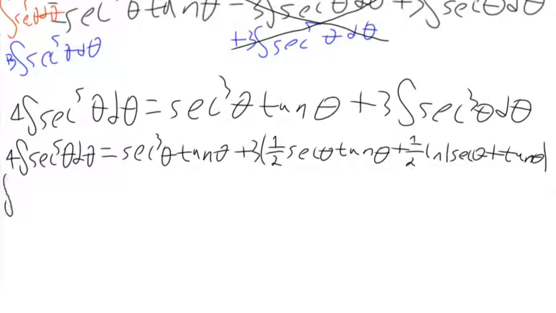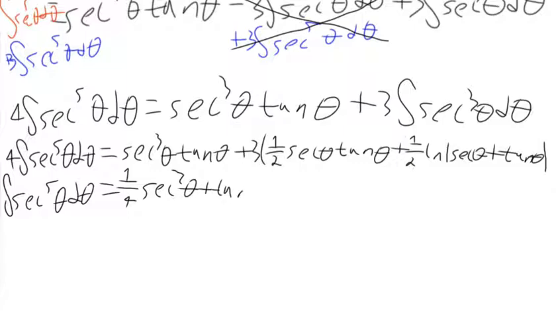So in the end, we see that the integral of secant to the 5th power theta d theta, that was the original problem we were trying to solve, is going to be equal to 1/4 secant cubed theta tangent theta. Alright, now do this carefully. You're going to have 3 times 1/2, but then we're also multiplying by 1/4, so you're going to get 3/8 secant theta tangent theta.